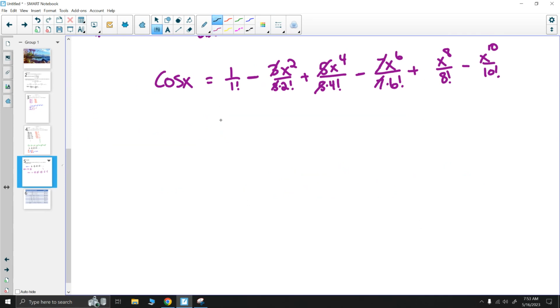So let's go ahead and write this thing. n equals 0 to infinity. Our first term is 1. So this is like a 1 minus x squared over 2 factorial plus x fourth over 4 factorial minus x to the 6th over 6 factorial, and so on. So we want our first exponent to be 0, so that means that we're definitely going to have x to some n.